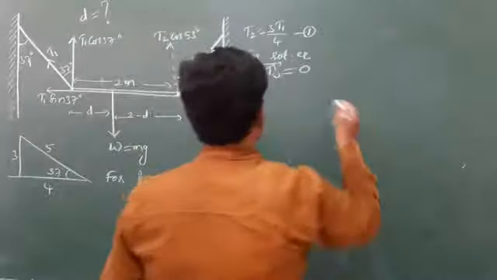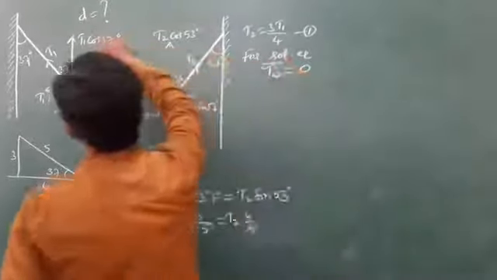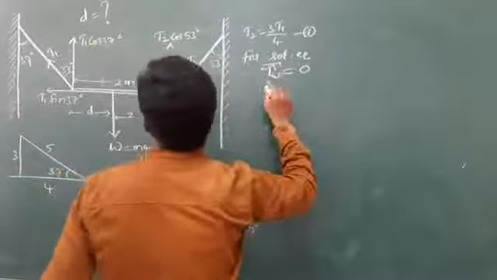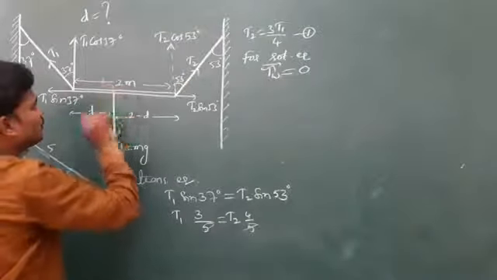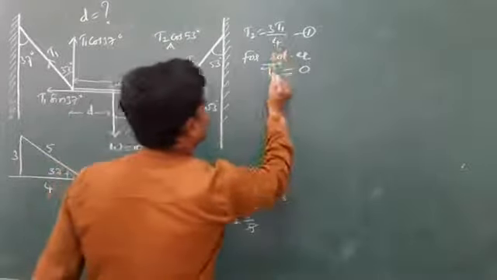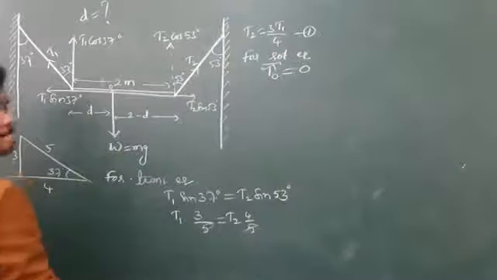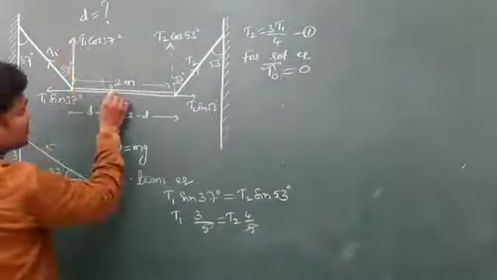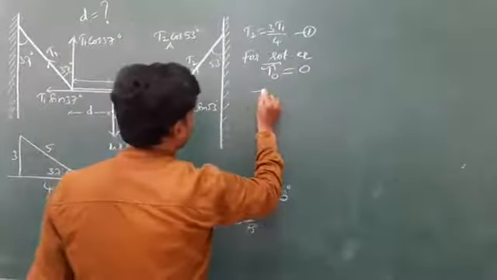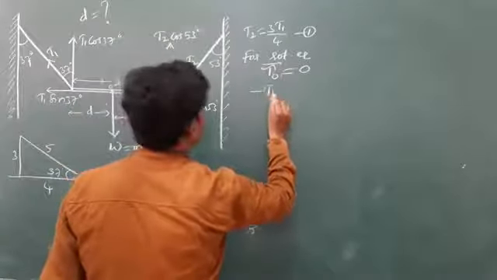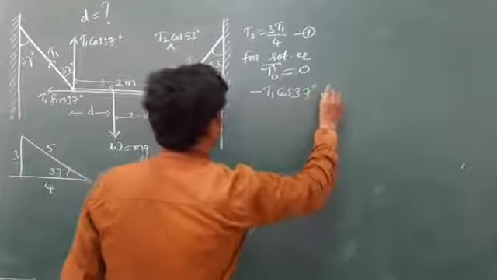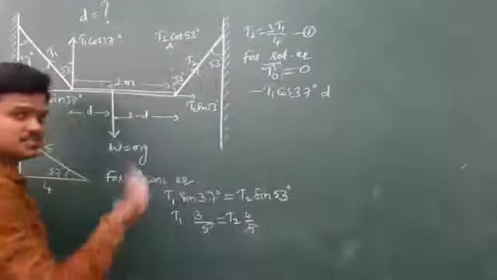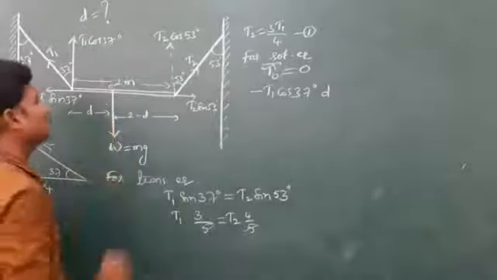Let me write T1 cos 37 about this point O. This O is on the right side, so right side means minus T1 cos 37 into D. You can balance left torque equal to right torque.